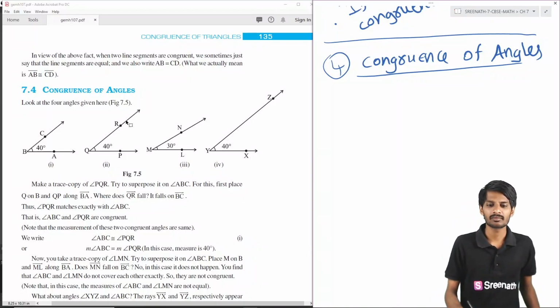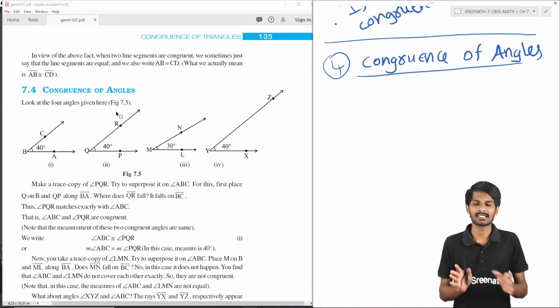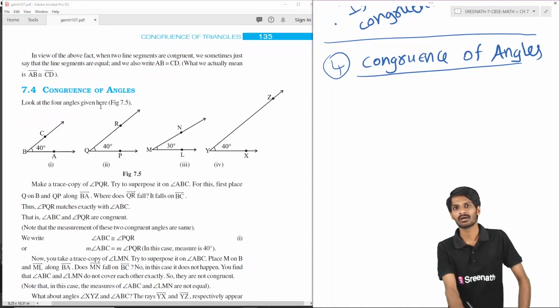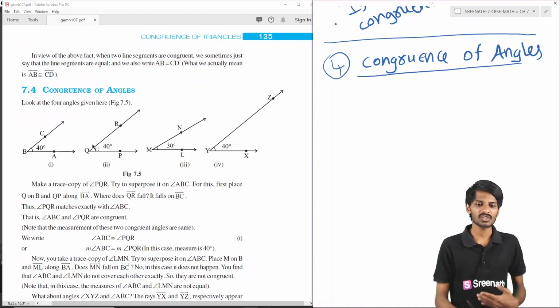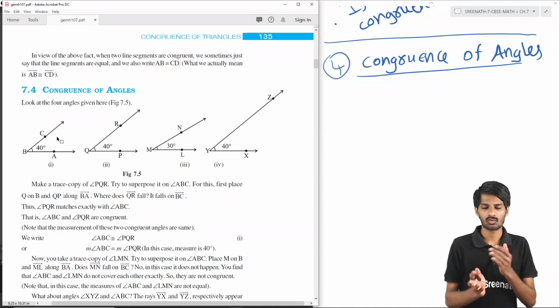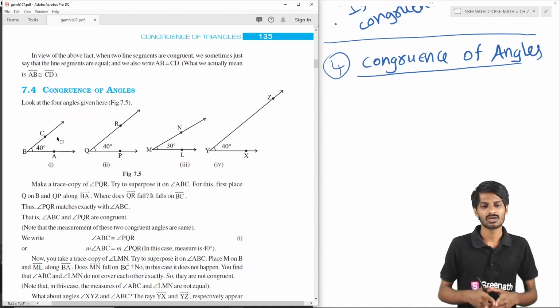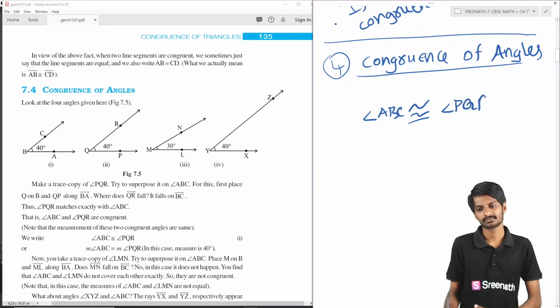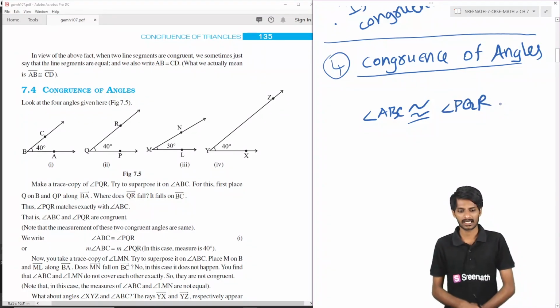Here the line segments are just to mention the direction, so their length does not matter and we don't consider it. What we consider is the angle. So this angle and this angle are equal. Whenever we place this on this, they coincide, they cover each other. So we can say finally that angle ABC is congruent to angle PQR. That is the case, students.